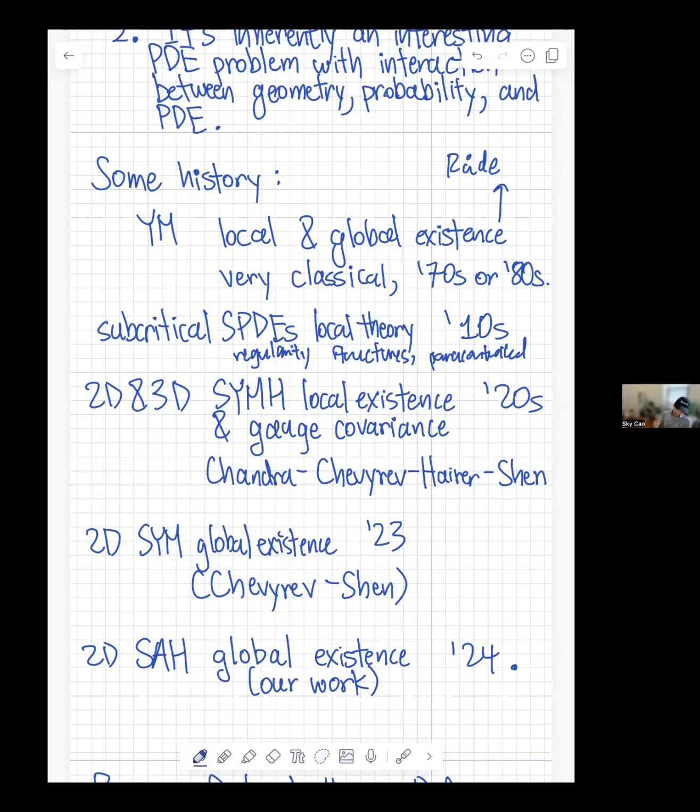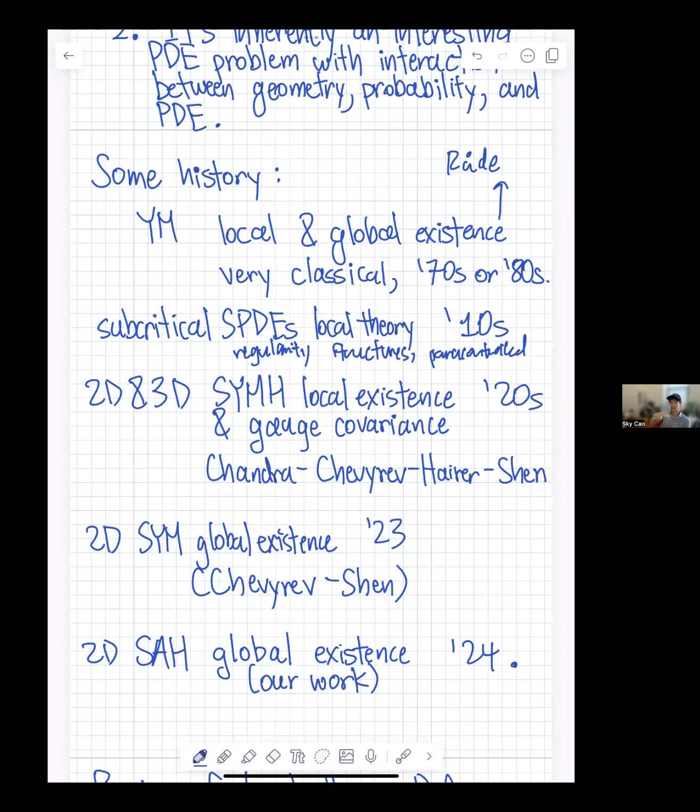And so their technique is that they start on the lattice, look at the dynamics on the lattice, and then show that you have a scaling limit as you send the mesh size to 0. And they're using Bourgain's globalization argument to get the global existence. And this Bourgain's argument requires knowledge of the invariant measure.